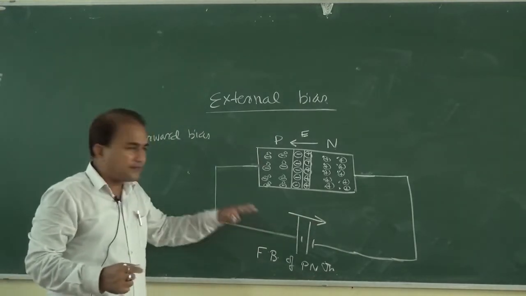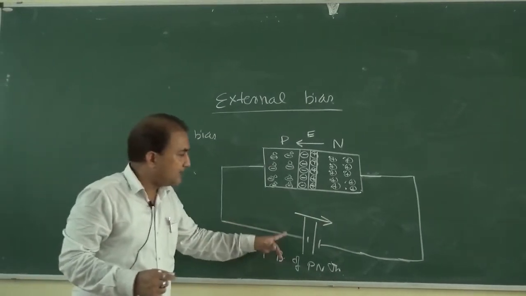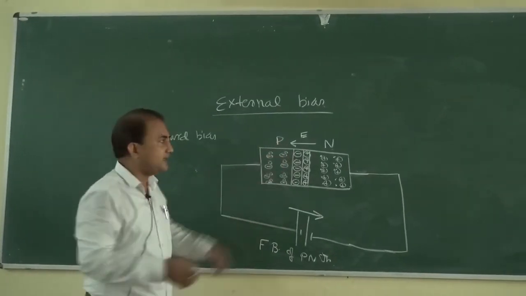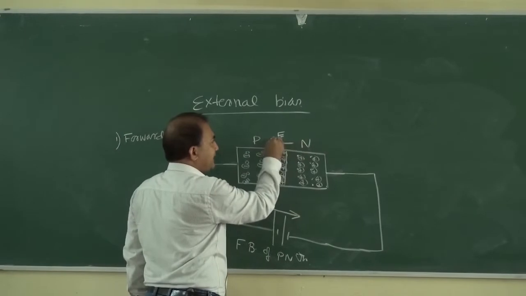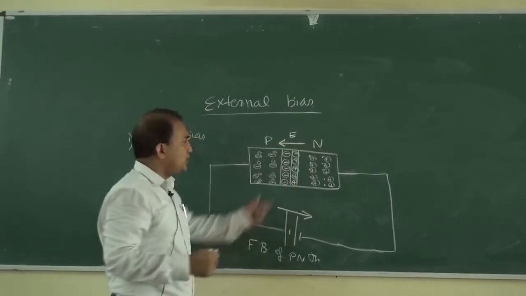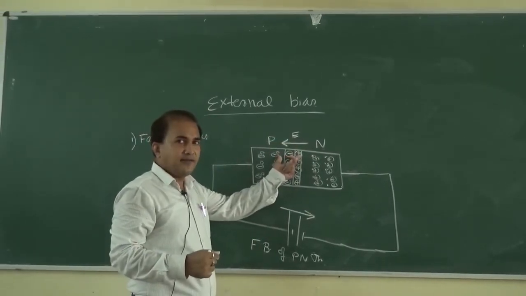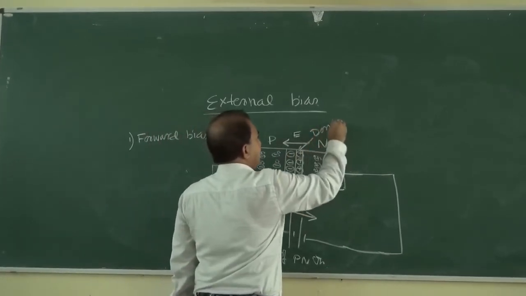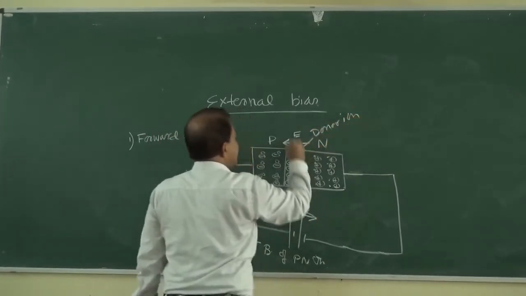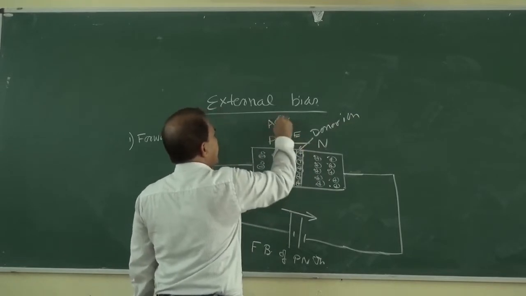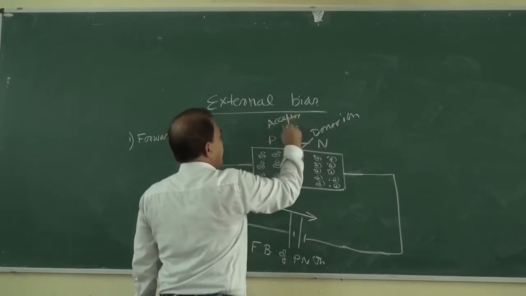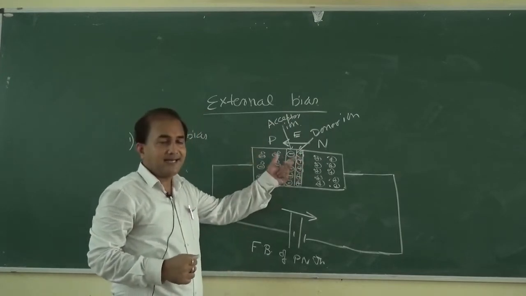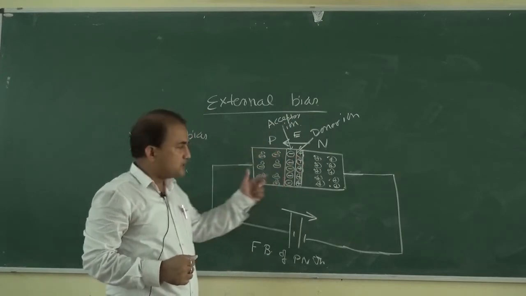The direction of the electric field provided by this forward bias is opposite to the direction of the electric field due to these fixed ions. This is the donor ion and this is the acceptor ion. Because of these fixed ions, there is an electric field.